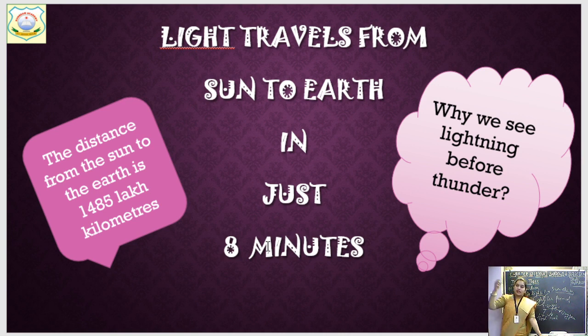Because the light of the sun is taking 8 minutes to reach earth. The distance from sun to earth is 1485 lakh kilometer. And this much distance the sun rays are covering in just 8 minutes. Now you can imagine how fast it is.